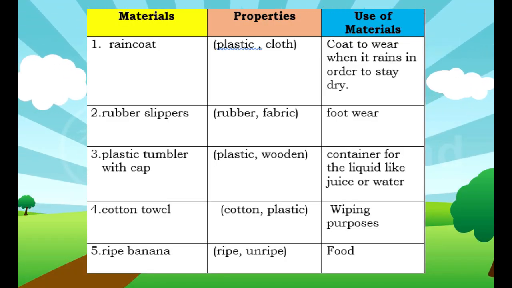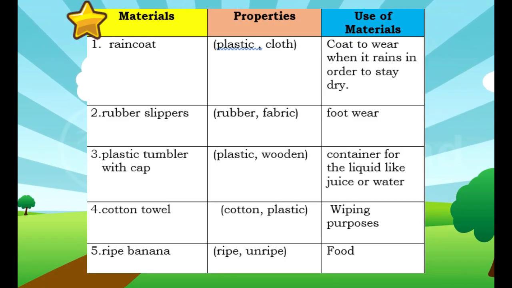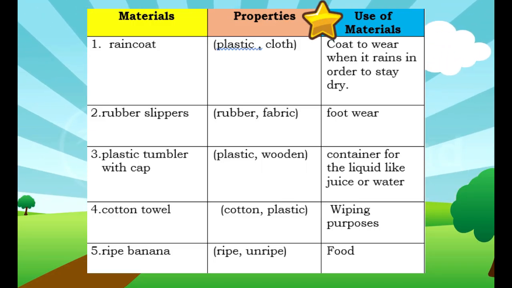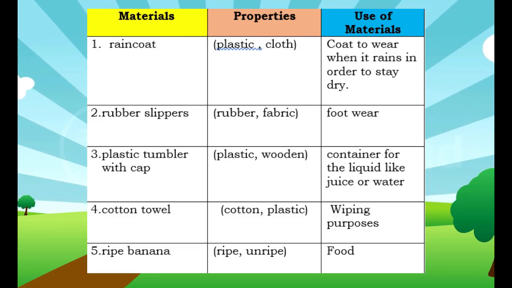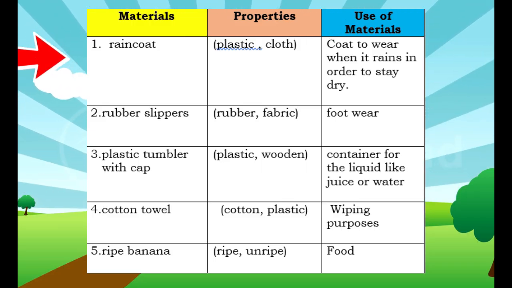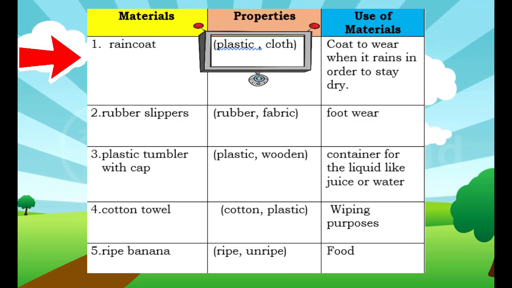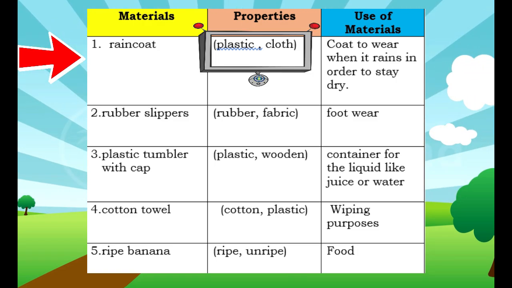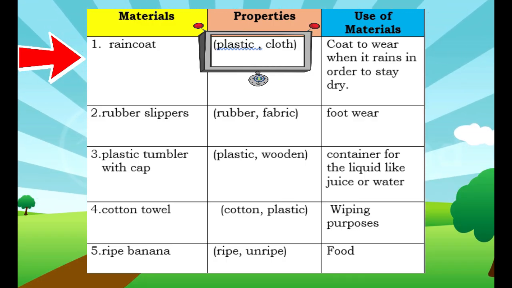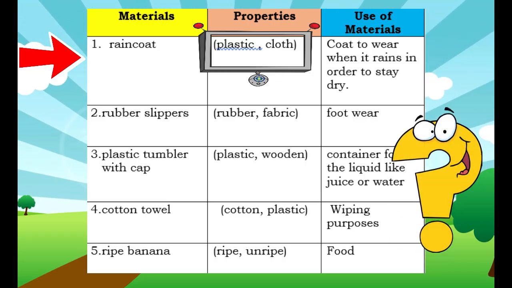We have here in the table the materials, the properties, and the use of materials. Number 1. Raincoat. Is it plastic or cloth? It is used to wear when it rains in order to stay dry. What would be your answer?